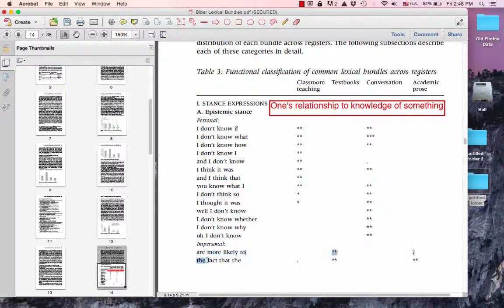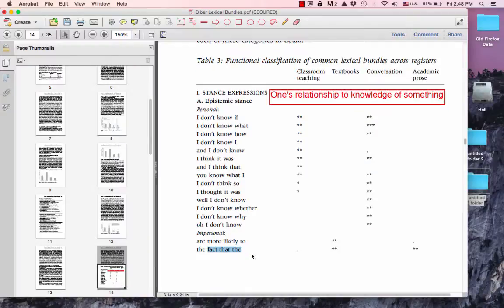How do we do it in other ways? Well, we do it in lexical ways besides grammatical ways. And the lexical way of flagging impersonal epistemic stance is to say things like "are more likely to" and "the fact that." And what we find is that, hey, go figure, the impersonal stuff is located frequently in textbooks and in academic prose, and less frequently, at least from the corpus that these researchers were working in, non-existent in the classroom teaching and the conversation.